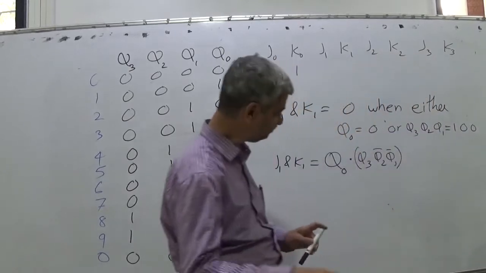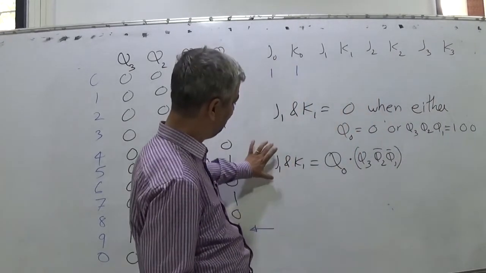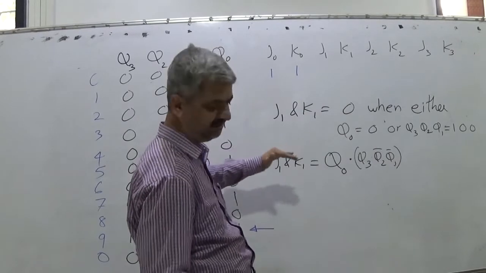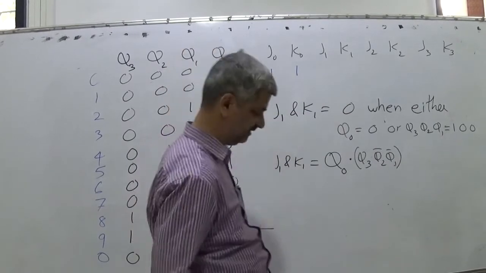So now J1 and K1, you can test it for all possible combinations.